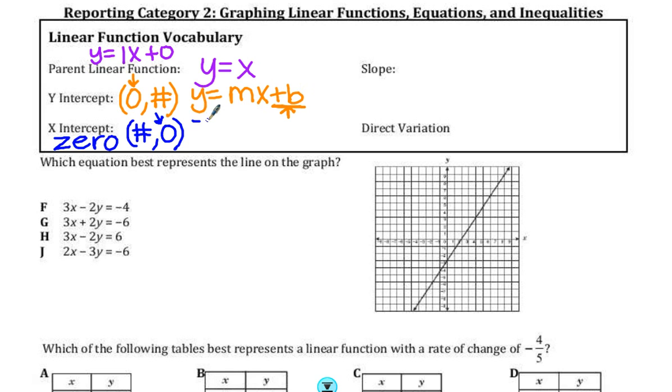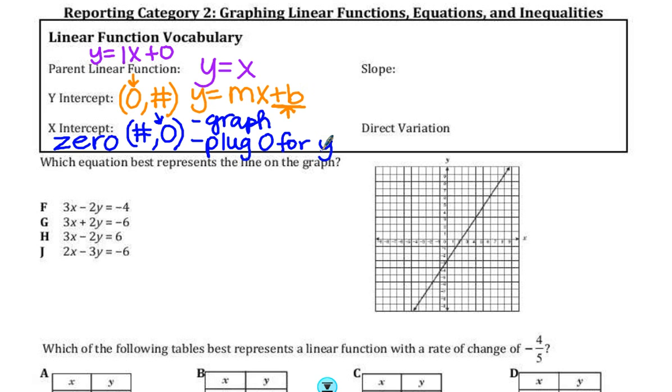We can either make a graph and look, or we can plug 0 in for y and then solve. And the same goes for the y-intercept. You can plug in a 0 for x and it'll tell you what the y-intercept is.